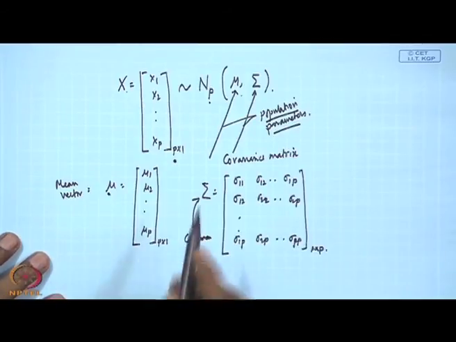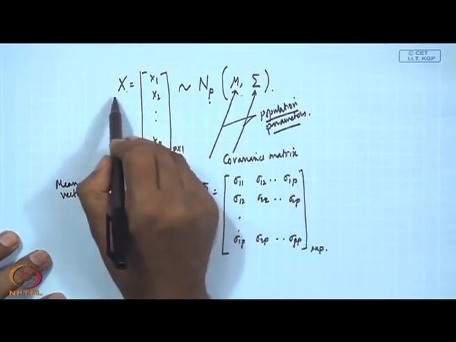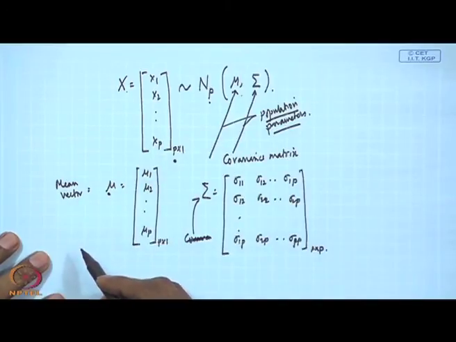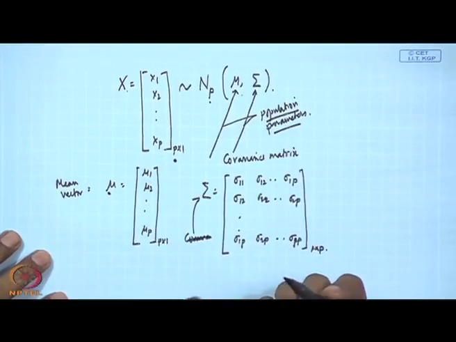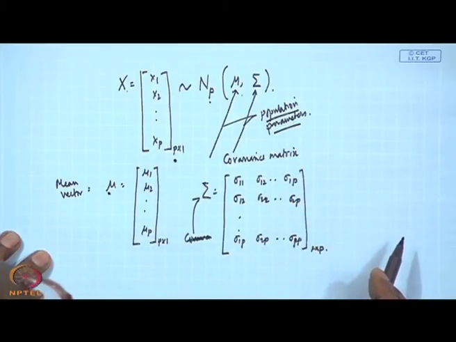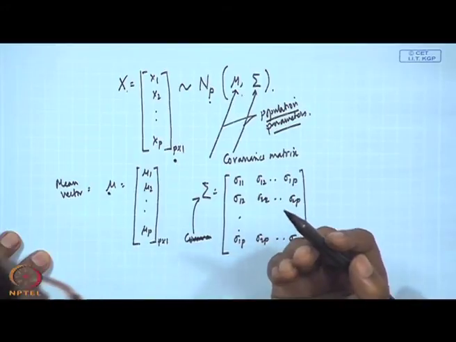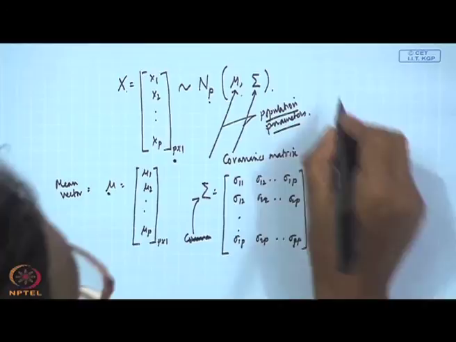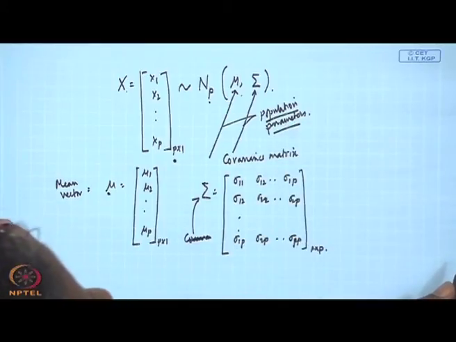So far we have not discussed whether the data is coming from a multivariate normal or not, but ultimately we will go to the multivariate normal distribution, because most of the models rely on this assumption, multivariate normality.